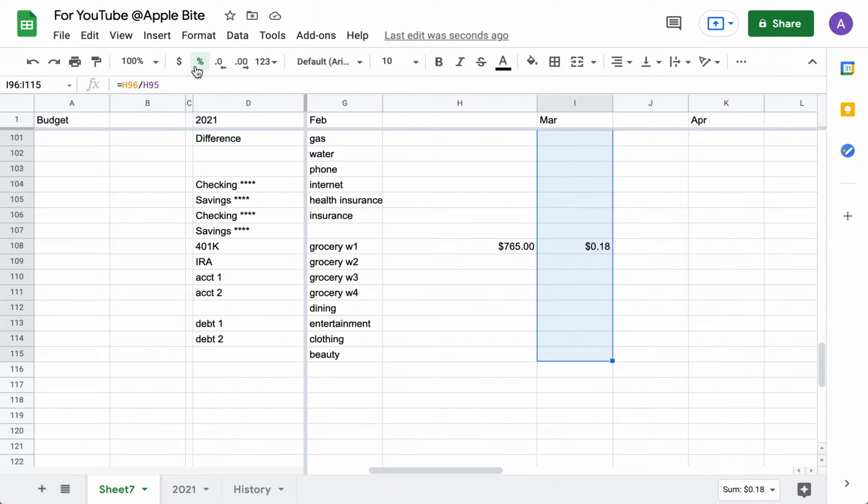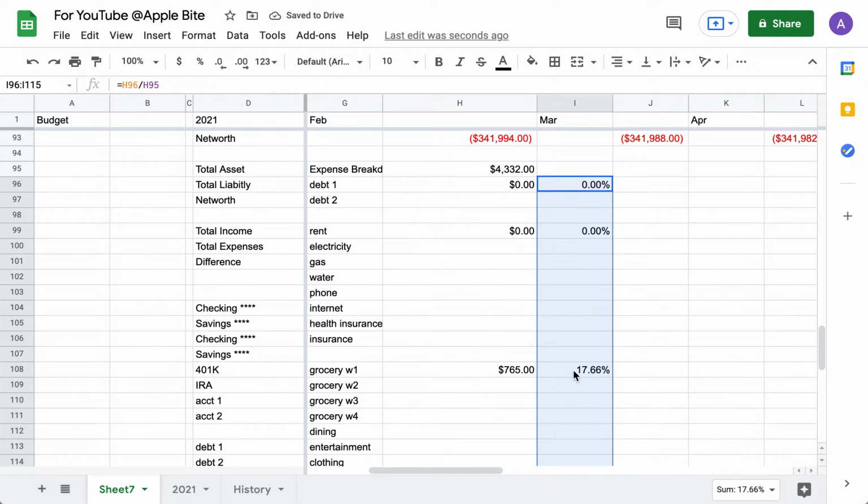Change everything to percent, and we see that based on the numbers, we spent 17.66% on grocery for week 1.